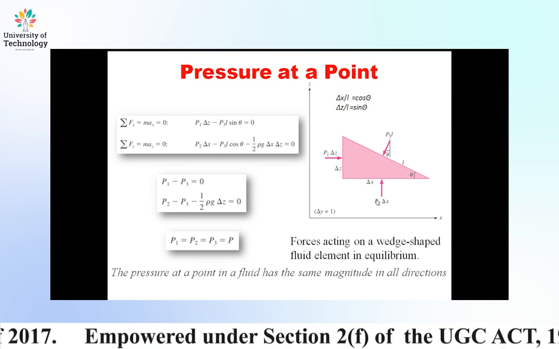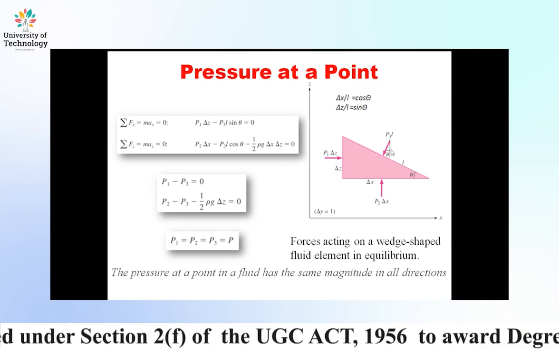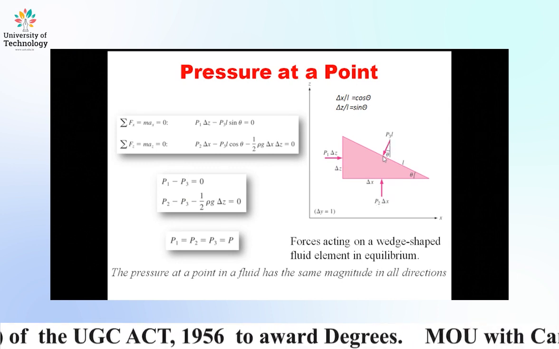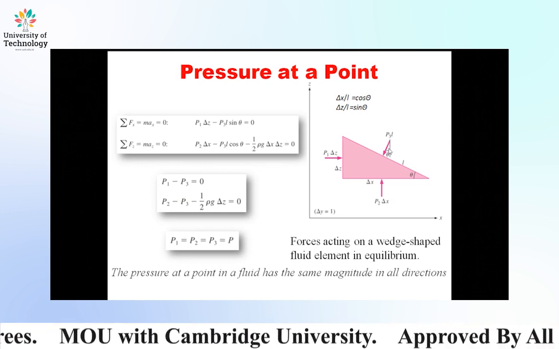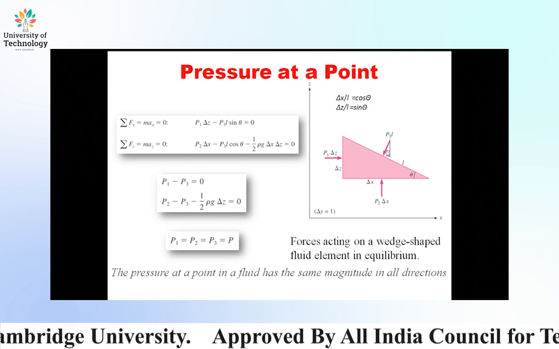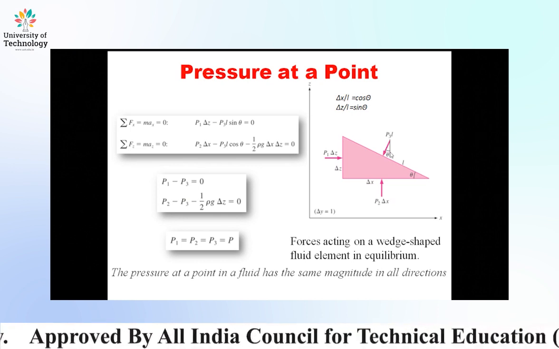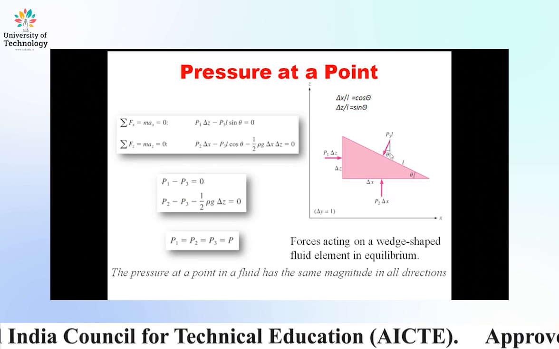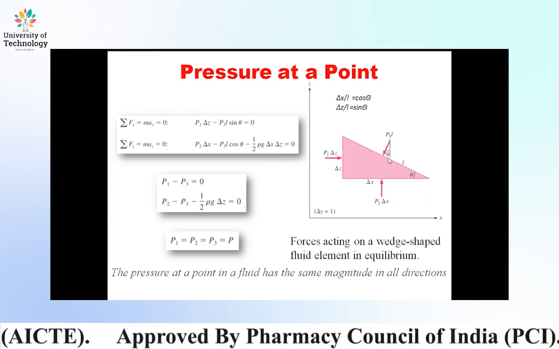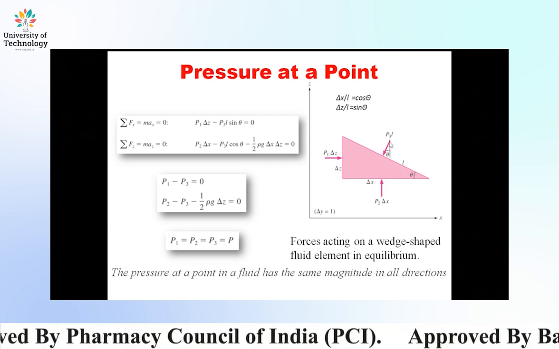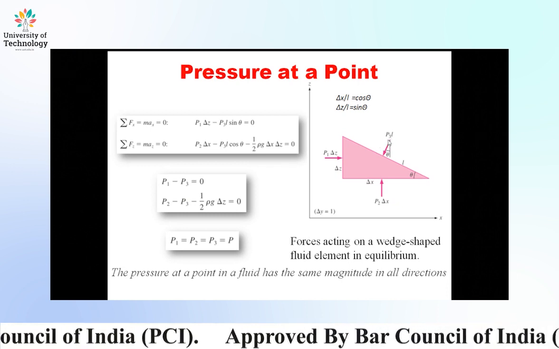Now this is the normal direction, and this is the perpendicular direction, and this makes an angle theta with delta z. The hypotenuse is given to us as L. So P3 into L, width is unit. L is the area, P3 is the pressure.